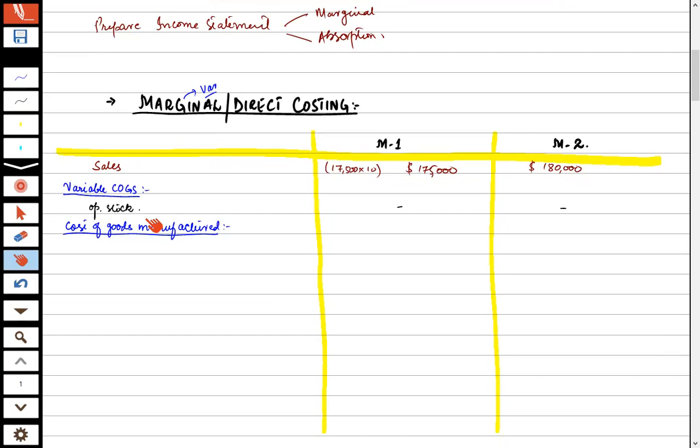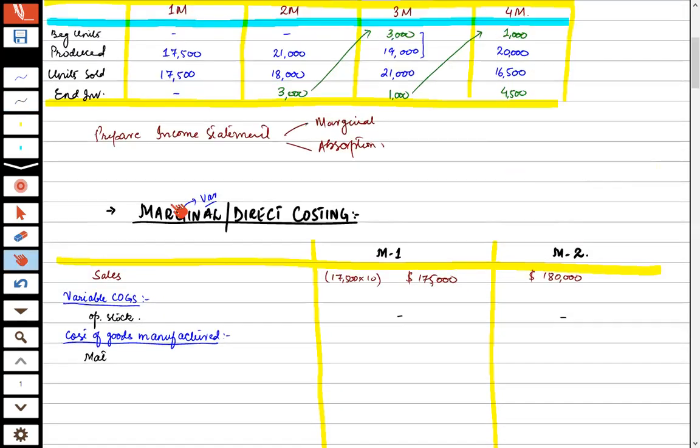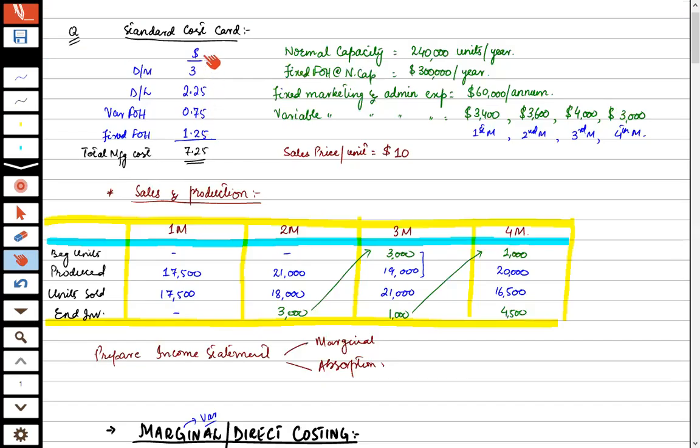So material, it would be 17,500, that is produced, multiplied by material cost, 17,500 multiplied by labor cost, and 17,500 multiplied by variable FOH cost.